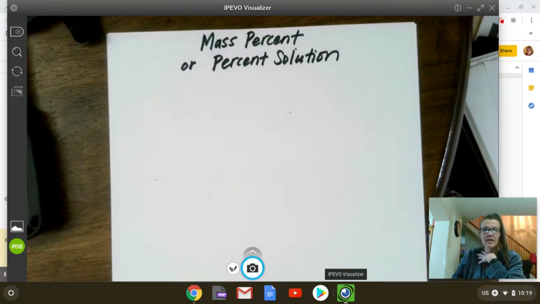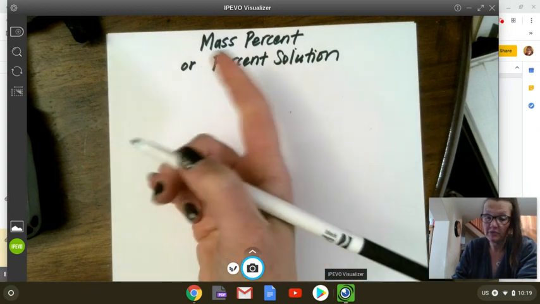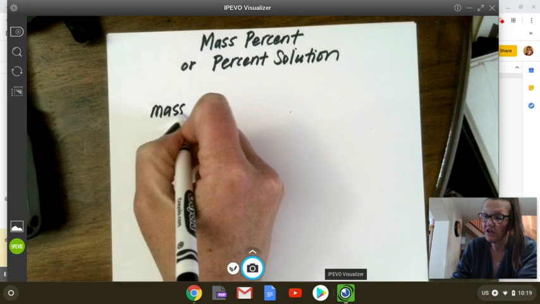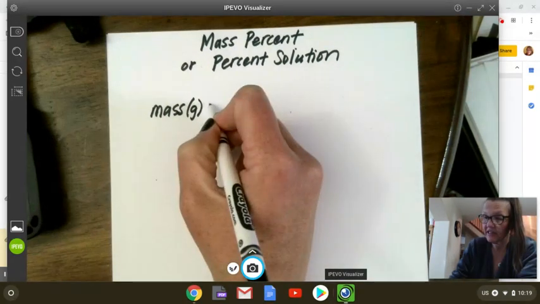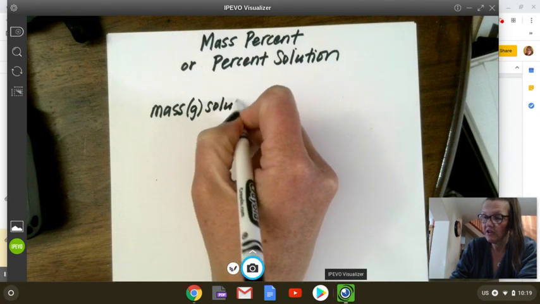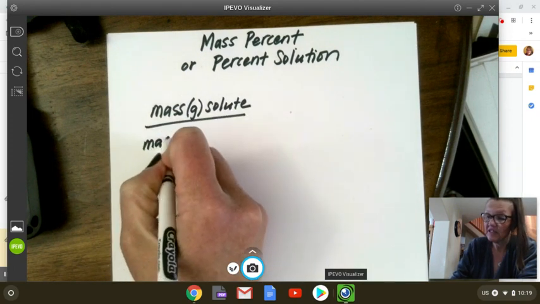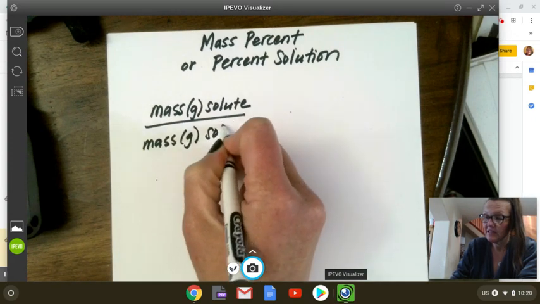Okay. So to calculate the mass percent of a solution, or the percent solution, you're going to take the mass of the solute. You guys remember what the unit for mass is? Grams. Very good. So the mass of the solute divided by the mass of the solution. Again, mass is grams.